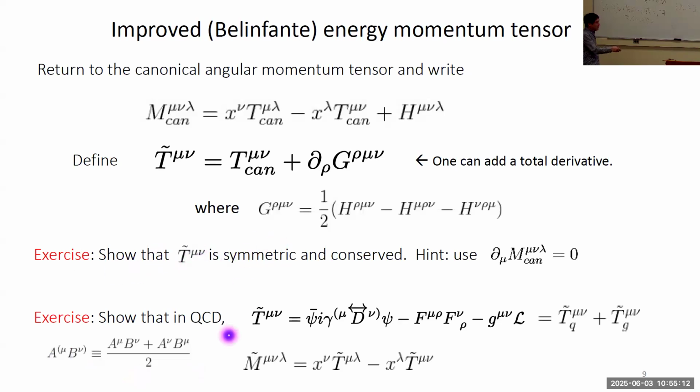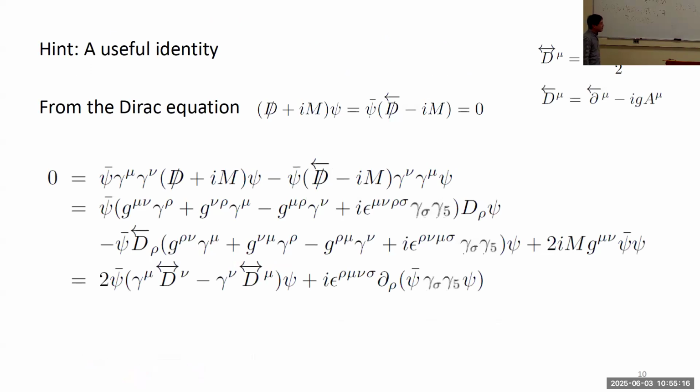Okay. So I think this is a very instructive exercise. The first one is simple, I think, but the second one is a bit tricky, and so I give you another hint. In the case of QCD, you can use the following identity, which I think is useful in the broader context. It just follows from the Dirac equation. So this fermion, the quark field, has to satisfy the Dirac equation, and so you write the 0 in this way.